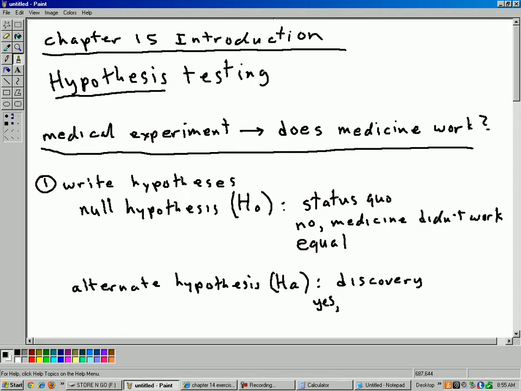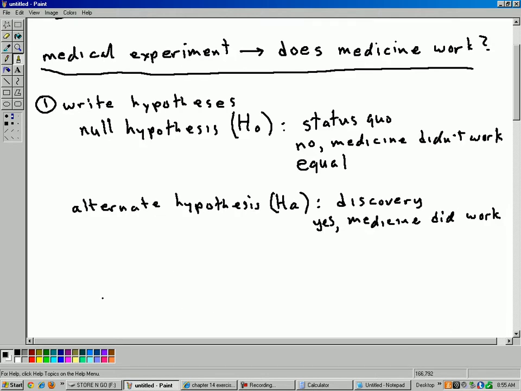If the answer is yes to it, that's almost always going to be that alternate hypothesis. So yes, the medicine works. Yes, the people who took the real medicine recovered faster or at a higher rate or whatever compared to the placebo, for example. All right. So in a nutshell, that's step one. Now, we'll talk in more detail about how you write the hypotheses a little bit later.